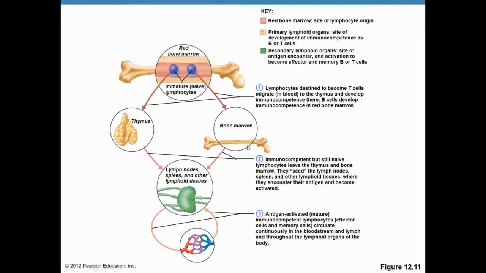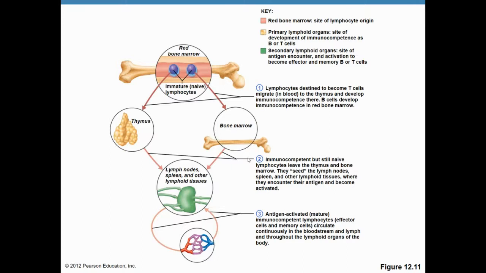Other lymphocytes are going to stay in the bone marrow, and they are going to undergo their education right there in the bone marrow. That's going to be our B cells. Once they've been trained to recognize one specific antigen, each B cell and T cell is only going to recognize one antigen, they are allowed to leave, and they are going to seed our other lymphoid organs.